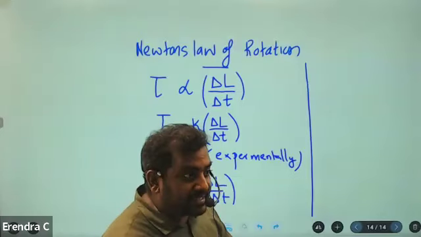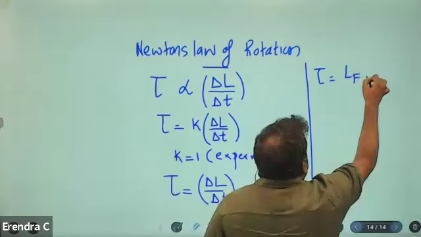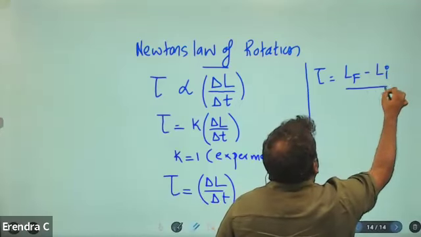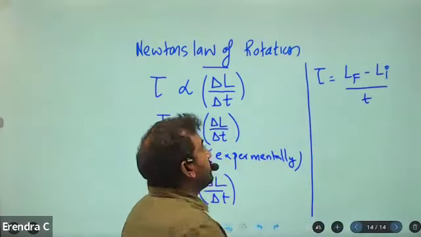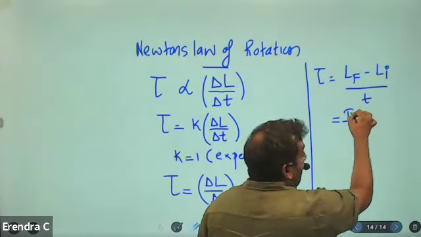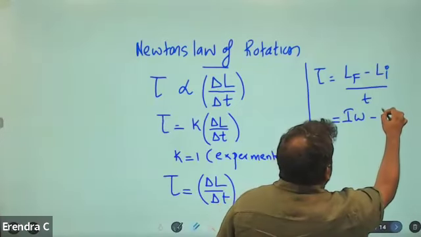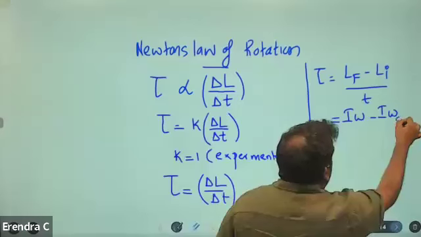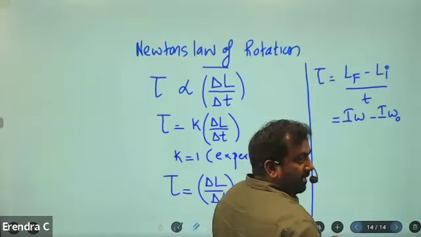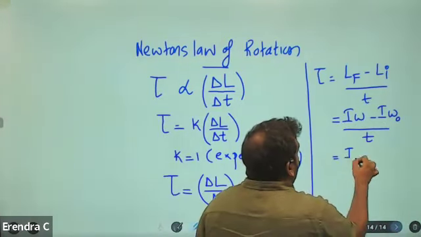Final minus initial. Torque is equal to final angular momentum minus initial angular momentum, divided by time. Final means I omega, minus initial I omega naught, divided by T. I'll take I out.